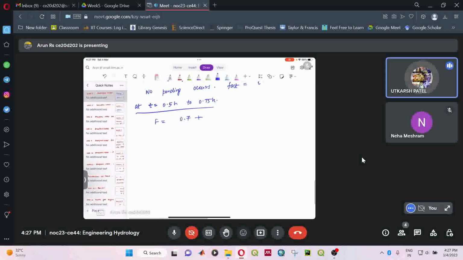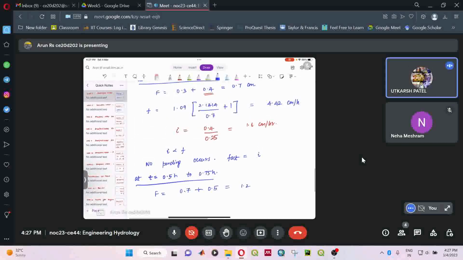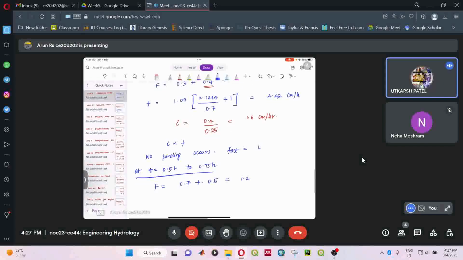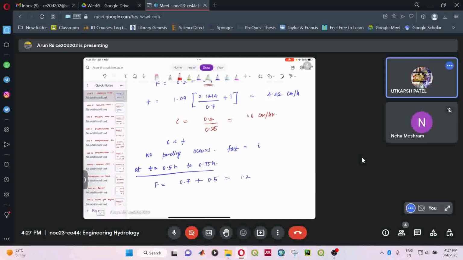Sir, how do we know that 1.6 is f actual equal to i? Sir, this is the value of i equal to 1.6. But in the question, it is running.